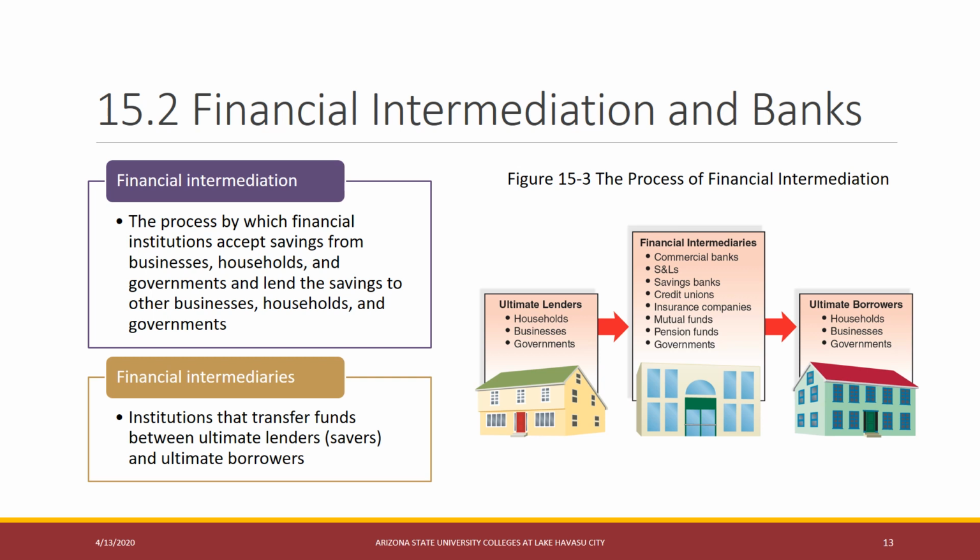The ultimate lenders and the ultimate borrowers are the same economic units, like individuals like us, or we can say households, businesses and government. But it may not be the same individuals.